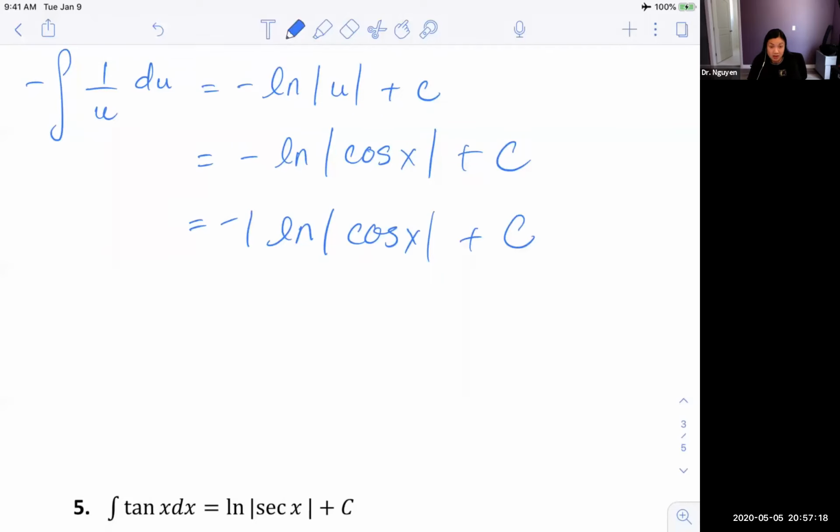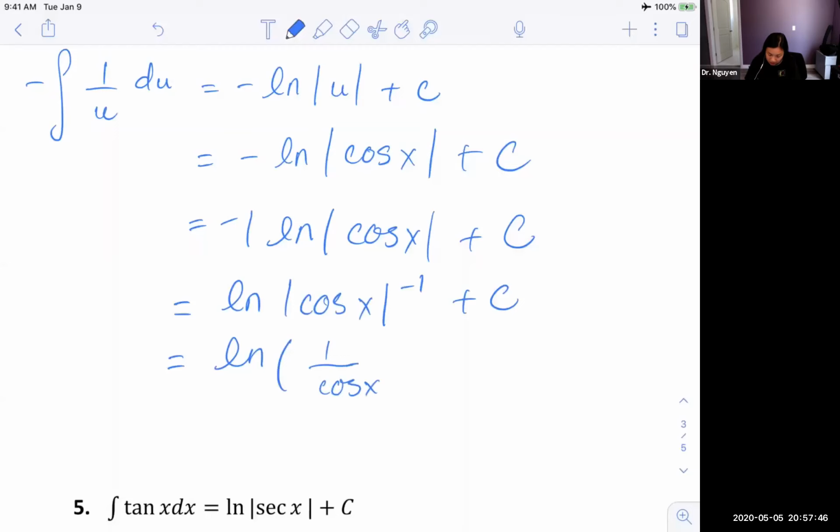So if it's the number in front, you can move it to the power. So this one is going to give you ln of cosine of x to the negative 1 plus c. So as you can see, if it's cosine of x to the negative 1, that is ln of 1 over cosine of x.